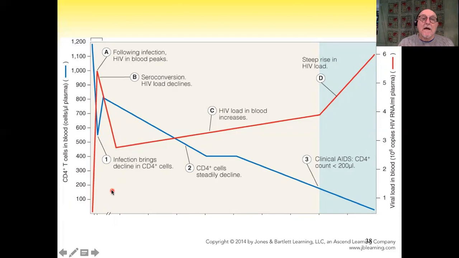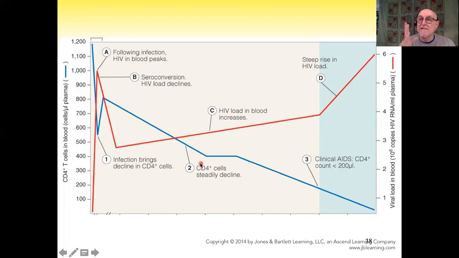But let's have a look here. This here, the red line, is the viral load that person has once they're infected. This here is actually a measure of the immune function. And it is, in fact, the number of cells circulating in the body which are CD4 positive.